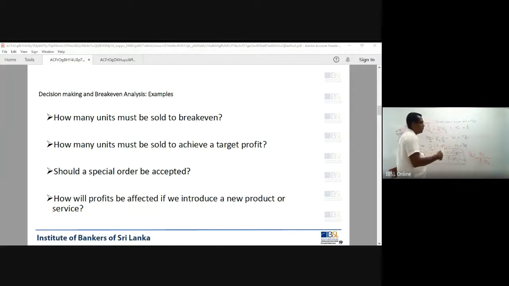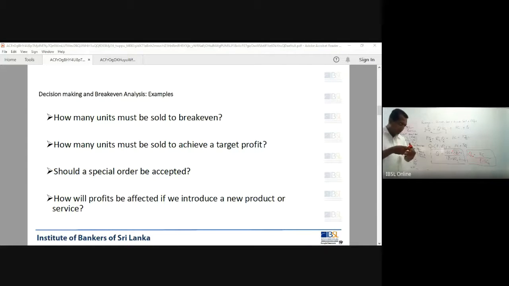So whenever you want to find out the break-even quantity, how many units I should sell, this is the formula for you. Fixed cost divided by price minus variable cost, right?